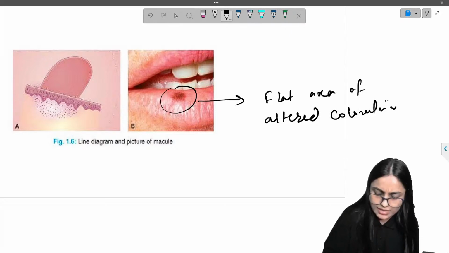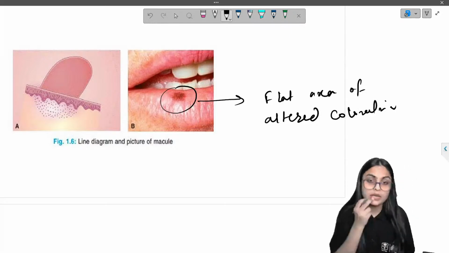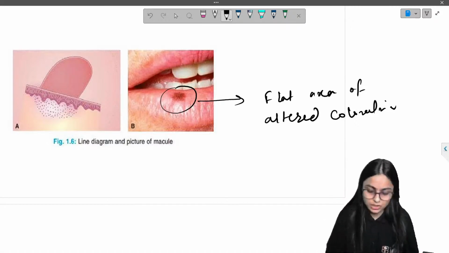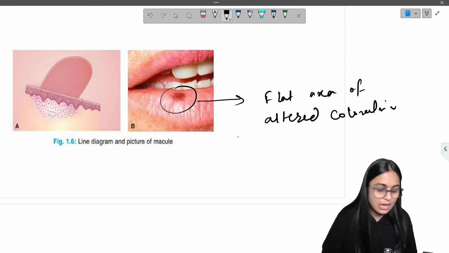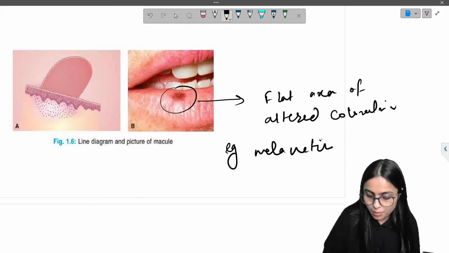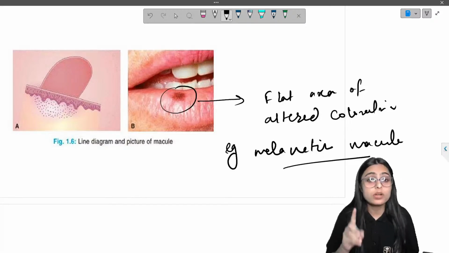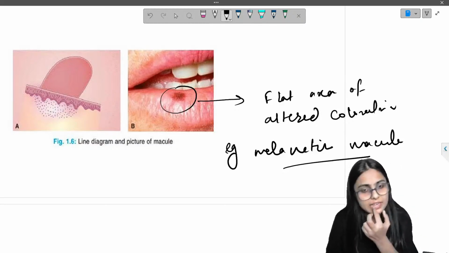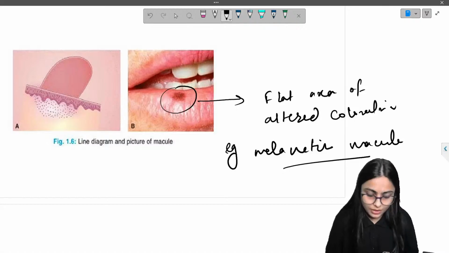Just a color change has taken place here on the lower lip. The example of it is melanotic macule. This we are going to see in the oral pigmentation chapter. So macule will be just a flat area with altered coloration.